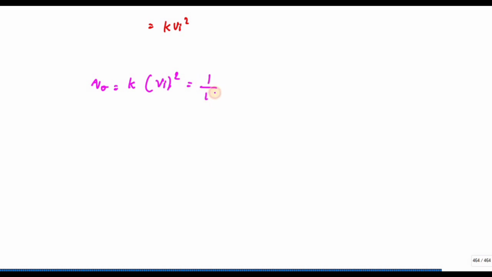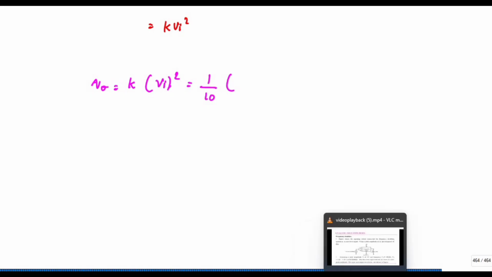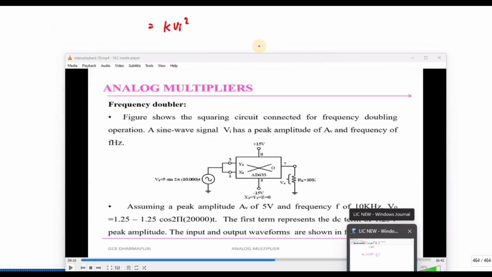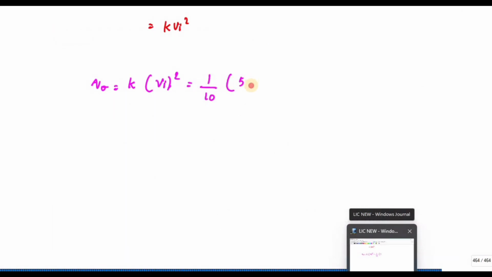V naught is equal to K times Vi square. K is nothing but 1 by 10, and VA is given as 5 sine 2 pi into 10,000 t, the whole square.